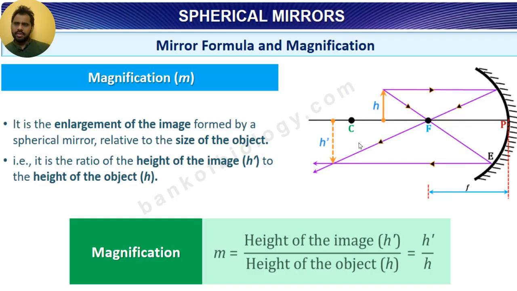Let the height of the object be h and let the height of the image be h dash. So magnification will always be the ratio of the height of the image to the height of the object. Magnification formula: m is the height of the image h dash over the height of the object h.